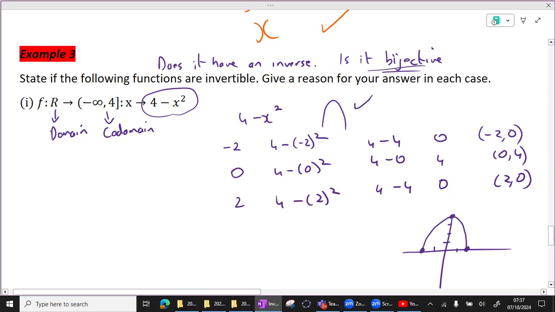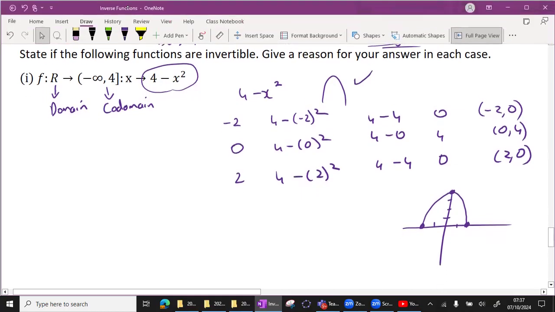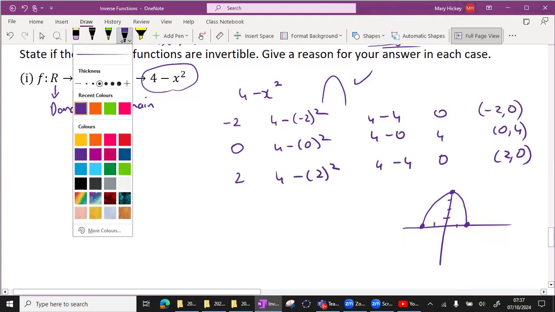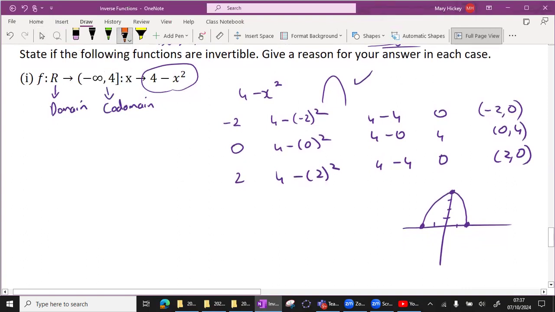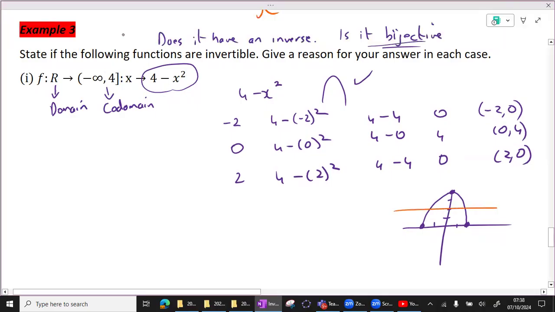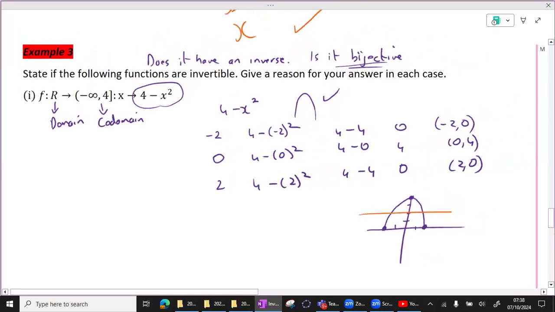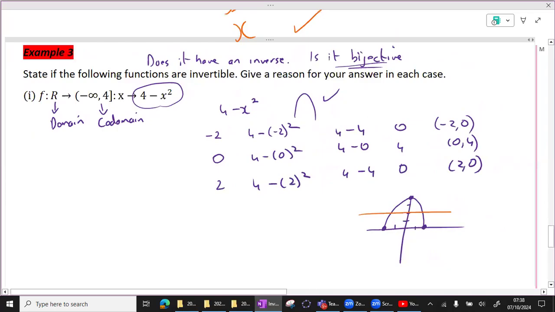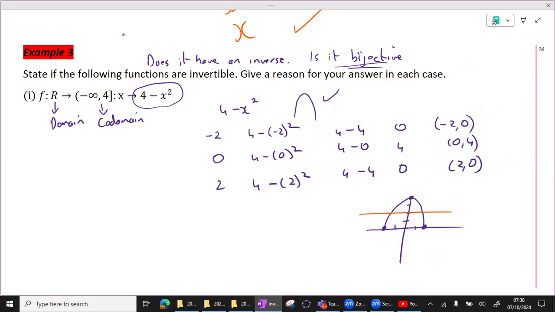So the question is, if we do our horizontal line check, for example, there, we can see that this is touching it more than once. Okay, so this is touching it more than once. So for that reason, it's not exactly once. So it is not bijective, which means it wouldn't have an inverse.